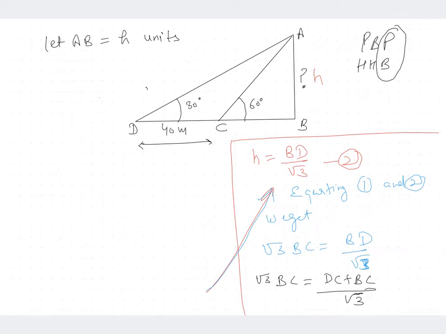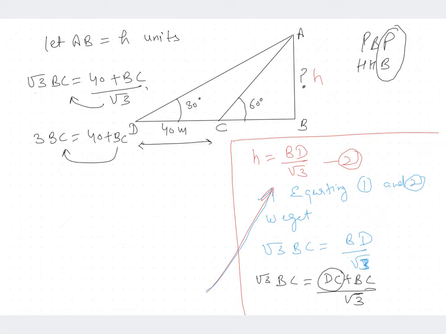So it will become root 3 BC equal to, now this DC value I am putting, DC value is given 40 meter, 40 plus BC upon root 3. Root 3 will go that side, it will become root 3 into root 3 will become 3 BC equal to 40 plus BC. So this BC will come this side, it will become 3 BC minus BC equal to 40.